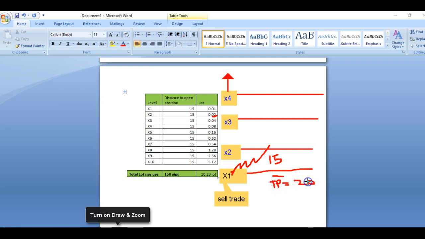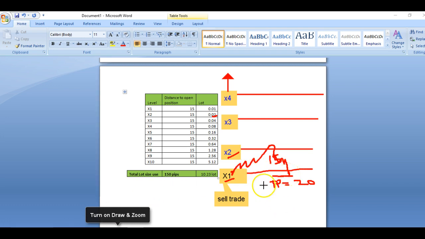The moment the market reverses back and hits your TP, both of these trades, x1 and x2, will earn profit. Your x2 will earn 20 pips and your x1 will earn 5 pips. So this is the reason why.